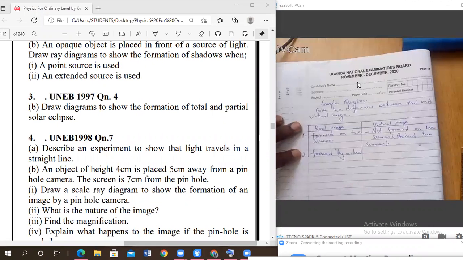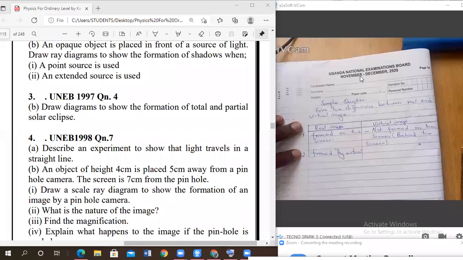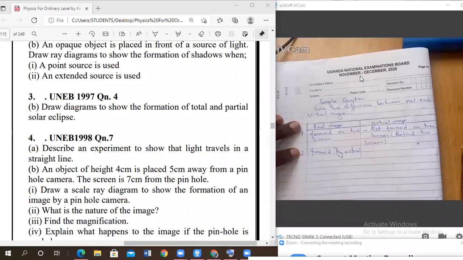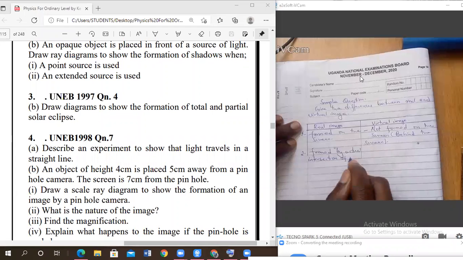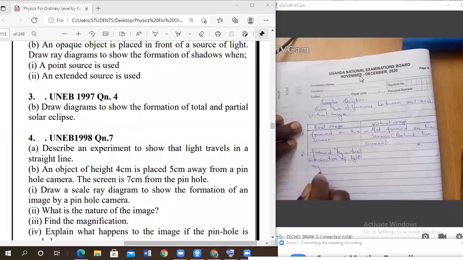Use the word actual: formed by actual intersection of light rays.